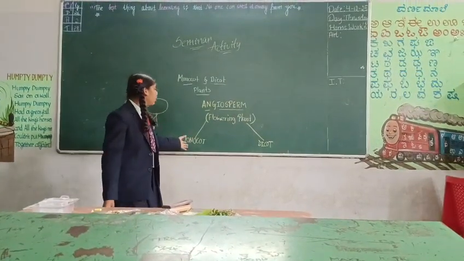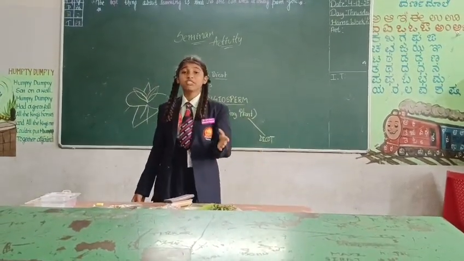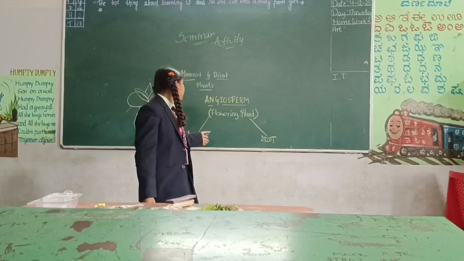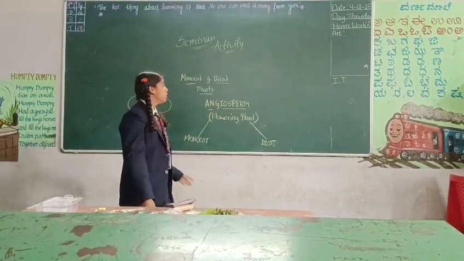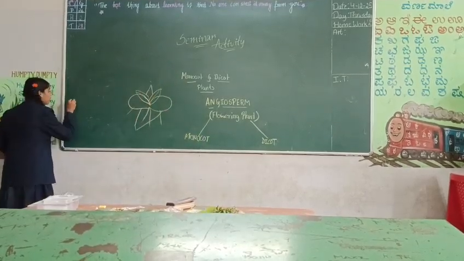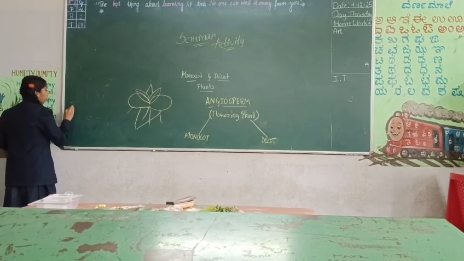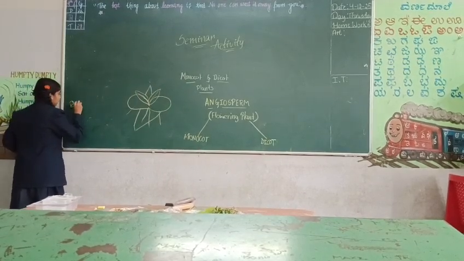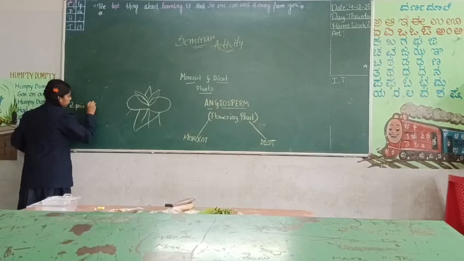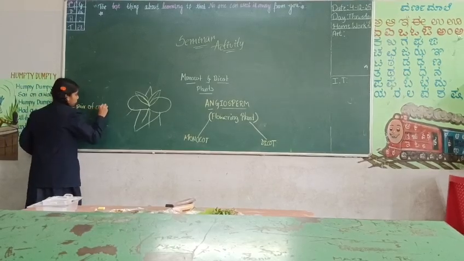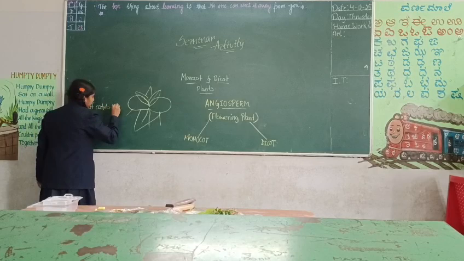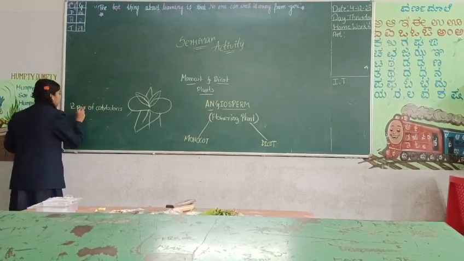By the name itself, you can understand that this division is based on the number of cotyledons. If they have a pair of cotyledons, then they are called dicots.